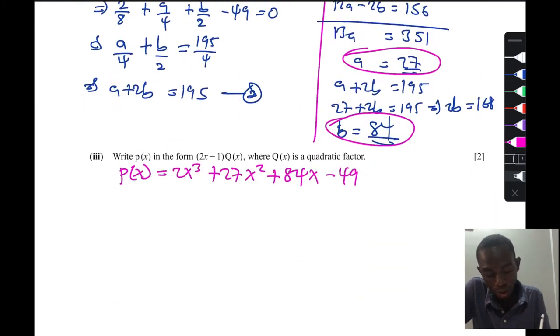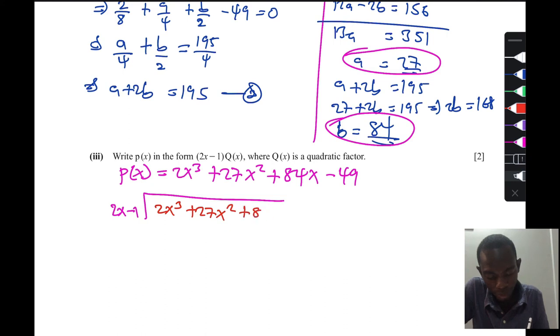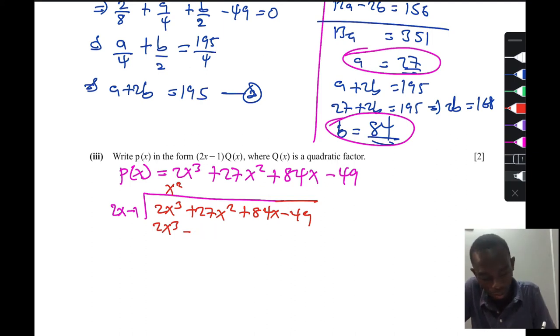Now you are going to divide this polynomial by 2x minus 1. So we have 2x cubed plus 27x squared plus 84x minus 49. x squared multiplied gives 2x cubed minus x squared.